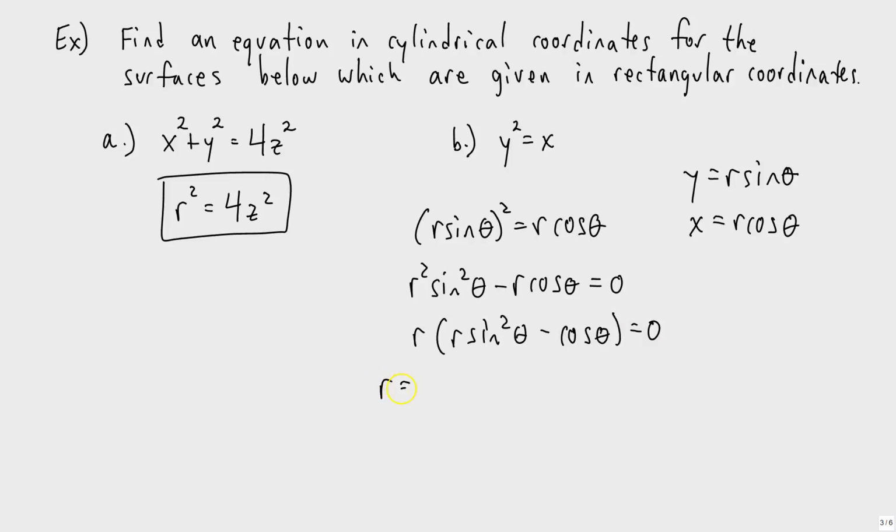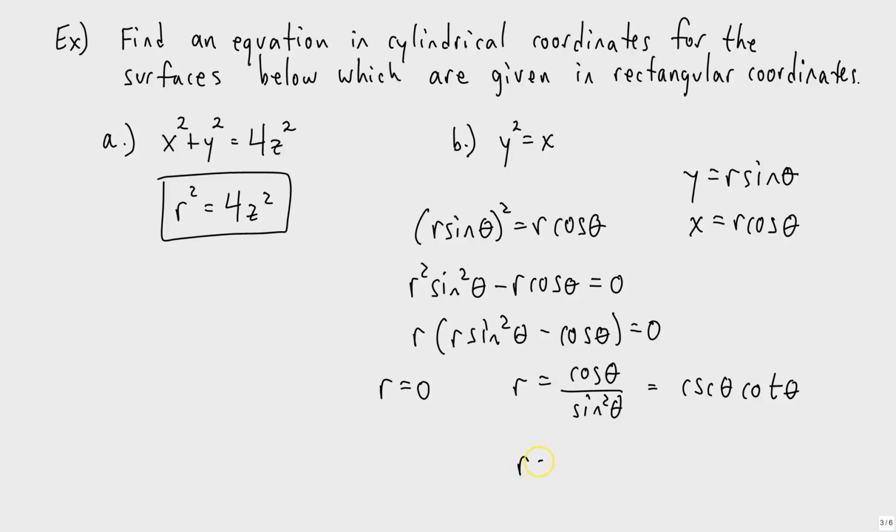And we get r equals 0, or we get r equals cosine over sine squared, which is the same thing as cosecant times cotangent theta. Now, this says that r is 0, and r equals 0 is a solution for this equation also.